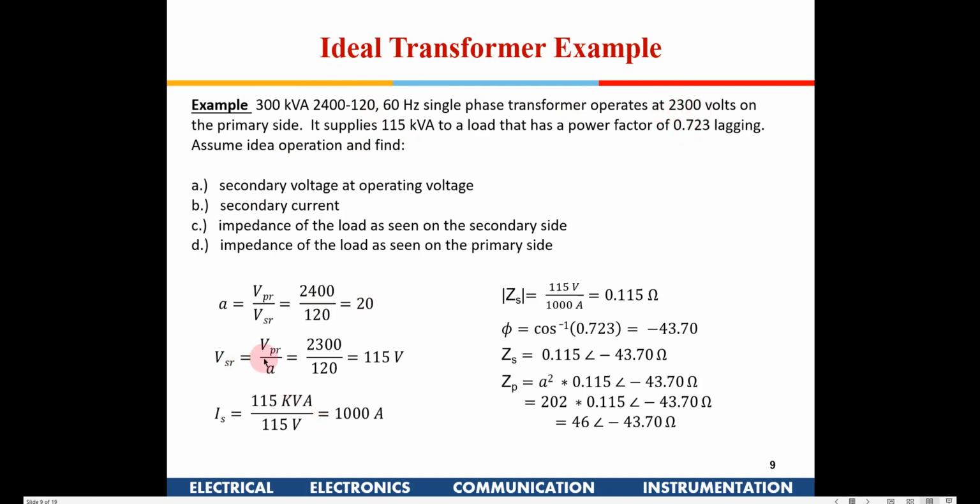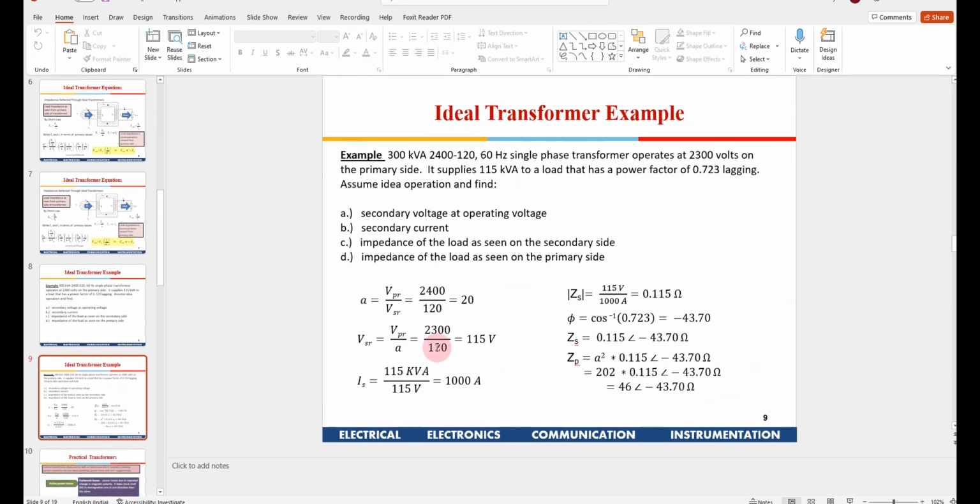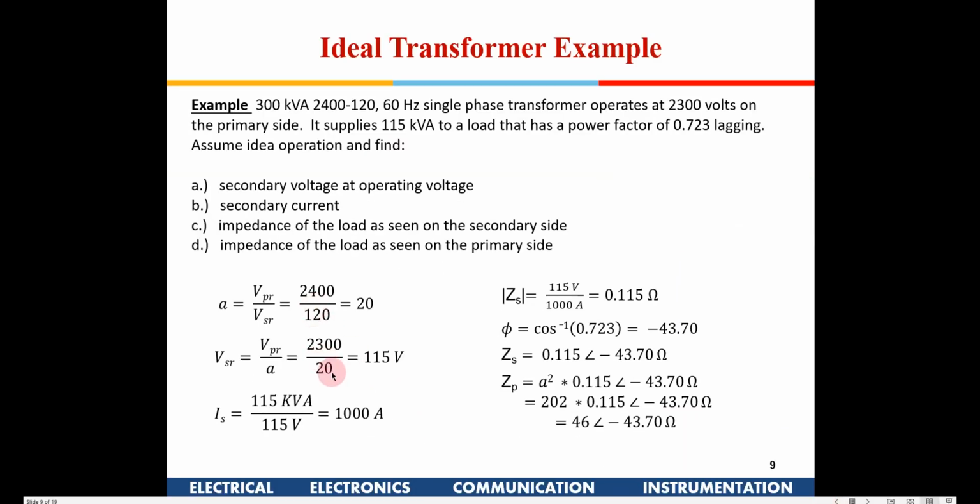So to get the secondary voltage, 2300 divided by A, which is 20, so I get 115 volt. Had I applied the full voltage, I would have got 120. Since I am applying 100 volts lower, I am getting 115 volt here.